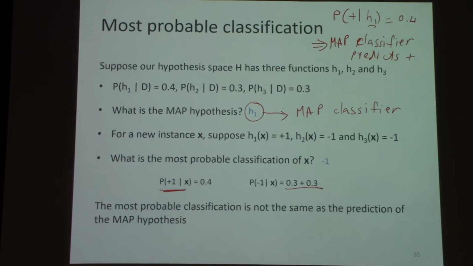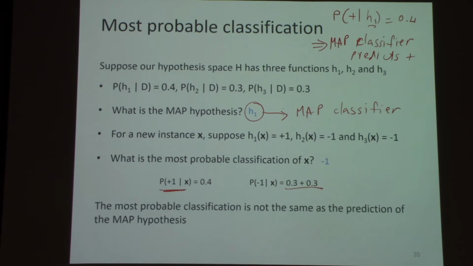So there is a difference between the most probable classifier and the most probable label. Does that make sense? The most probable classifier is H1. H1 predicts plus. On the other hand, the most probable label is minus, which is so weird. It may seem like a counterintuitive thing, but here's a very simple example that shows it's possible.